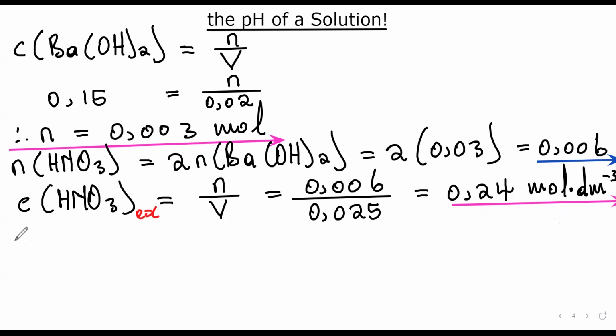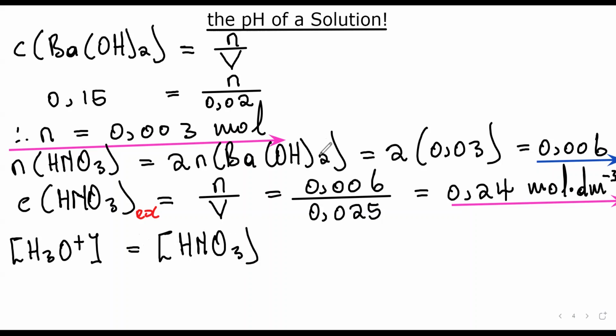So then you can just tell them that the concentration of the hydronium ions will be equal to that of the acid. And this is equal to 0.24 mole per cubic decimeter.